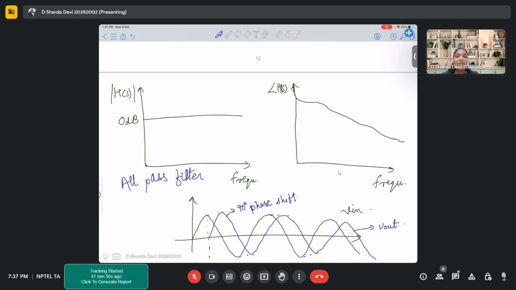It will pass all the frequencies without any attenuation or amplification, but it will introduce a phase shift in your signals based on frequency. So it introduces different delays in your signals based on frequency, but it does not change your amplitude. This type of circuit is known as an all-pass filter.